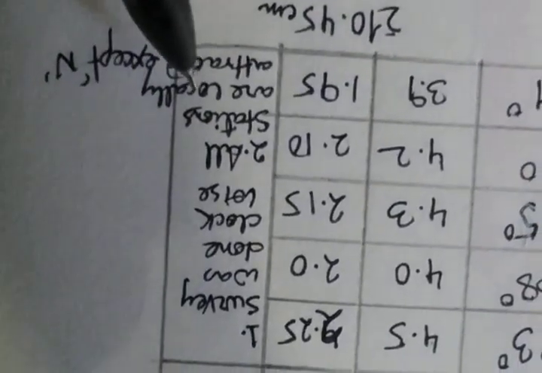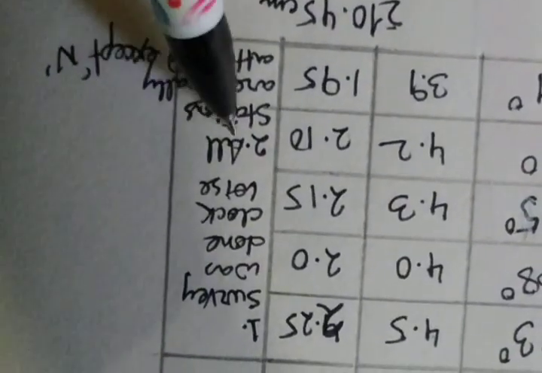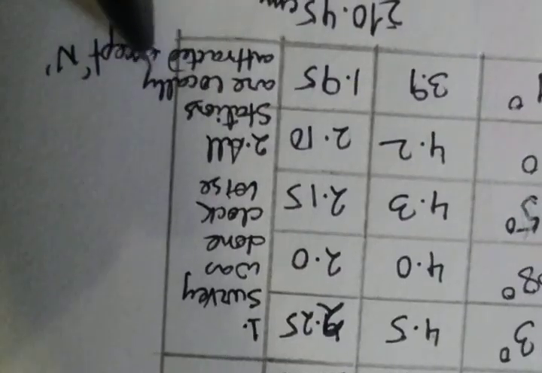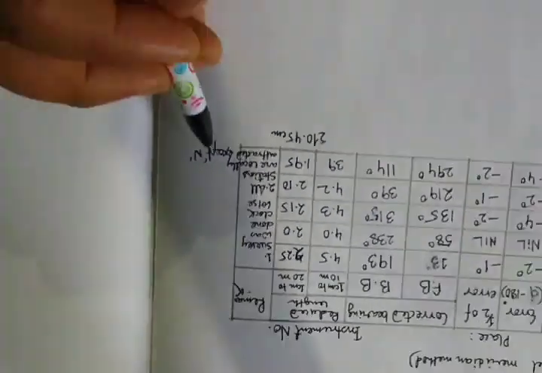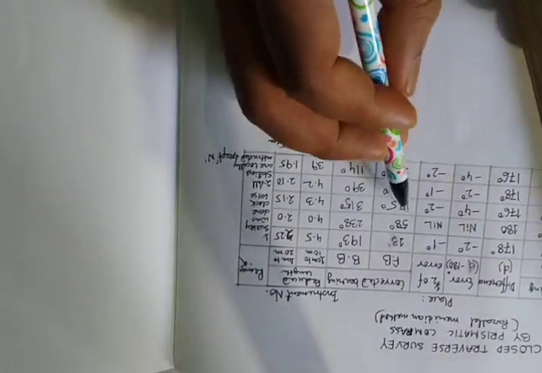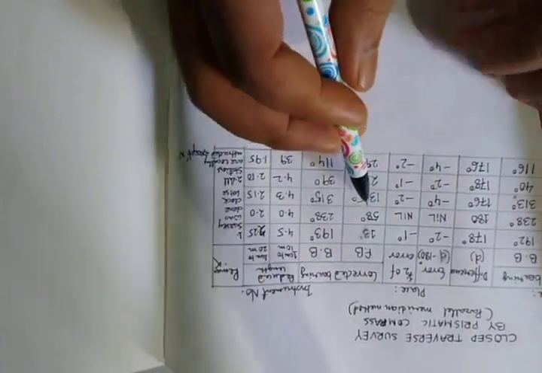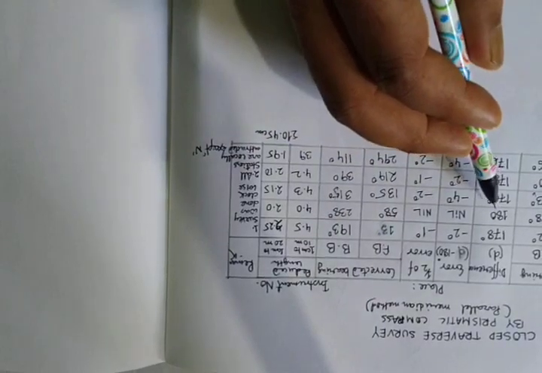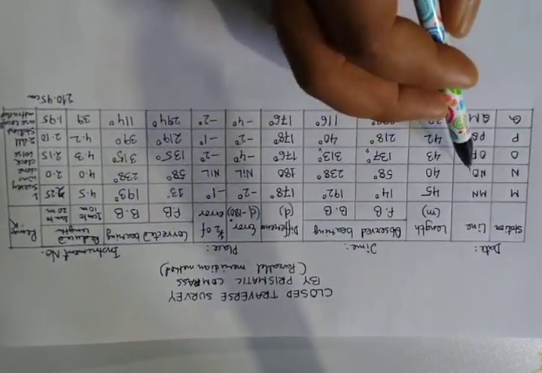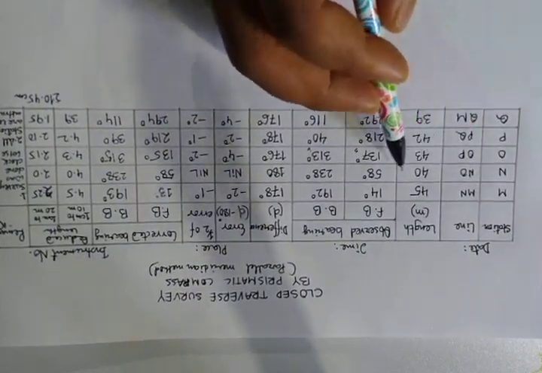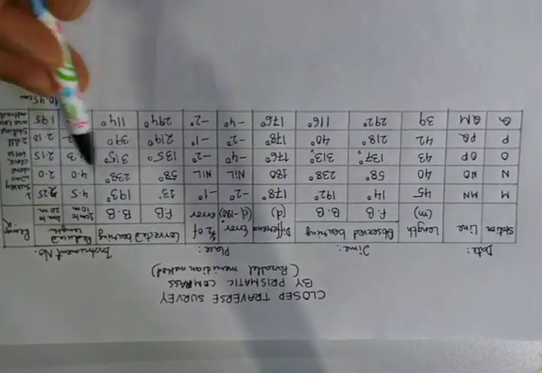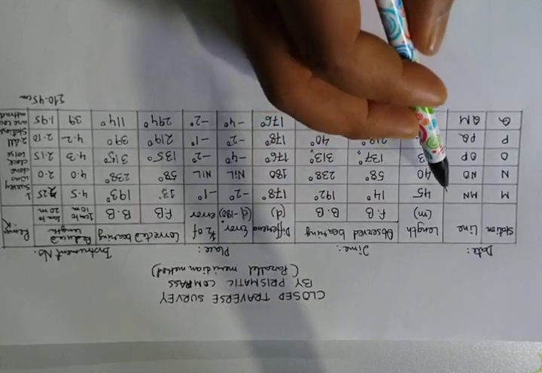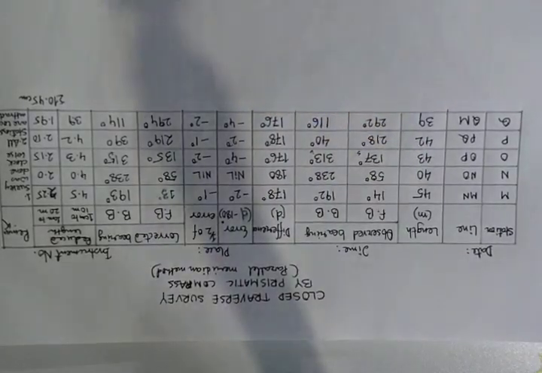That's why N stations are not locally attracted, and I have written here all stations are locally attracted except N stations. Why N stations? Because the difference between the forward bearing and back bearing of N stations is 180 degrees. So there is no local attraction in N stations, and except N stations all other stations are locally attracted.